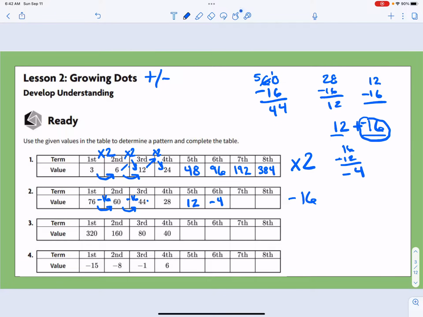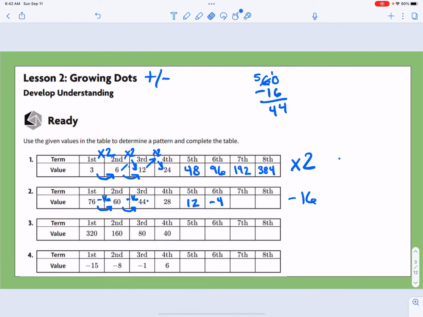All right. The next one we're going to do, let's erase stuff here so I have some space to work. The next one we can do is negative 4 minus 16. Again, we add the opposite. So now when the signs are the same, we find the sum. 16 plus 4 equals 20.